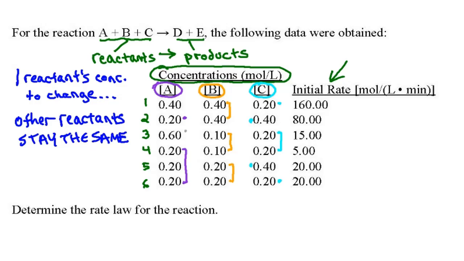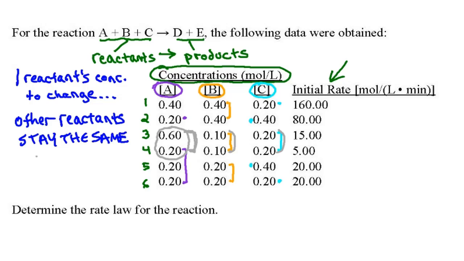Now the concentration of A also changes between 3 and 4. It goes down. It goes from 0.60 to 0.20. And luckily for us, the concentration of B stays the same and the concentration of C stays the same. So this is what we're going to use for our concentration of A.